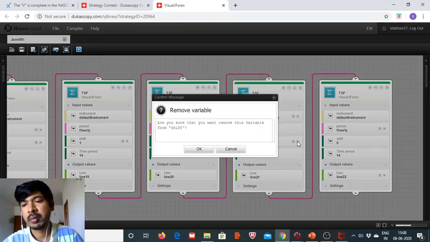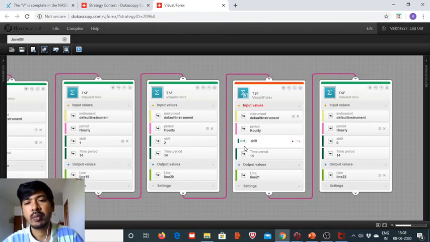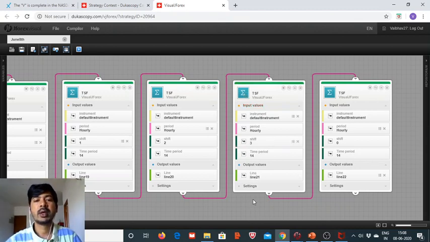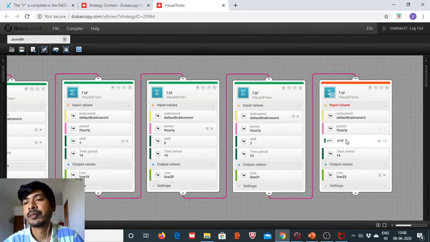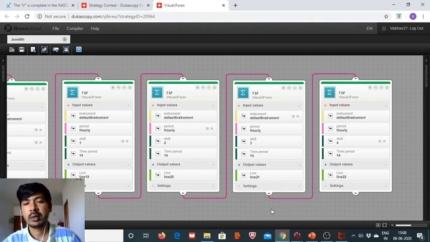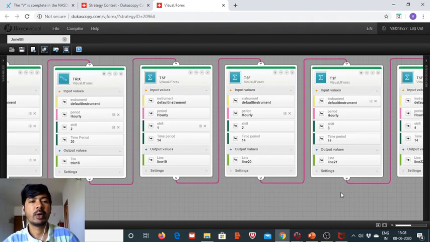So here it is pretty simple. Okay, so TSF blocks have been well defined.